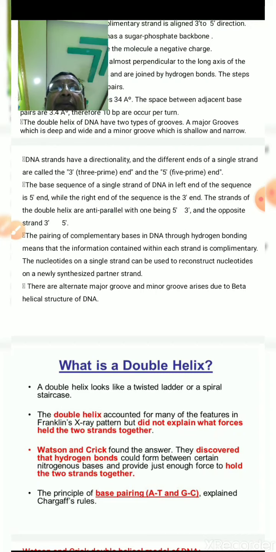The pairing of complementary bases of DNA through hydrogen bonding means that the information contained within each strand is complementary. The nucleotides on the single strand can be used to reconstruct the nucleotides on the newly synthesized partner strand. Alternate major grooves and minor grooves arise due to the helical structure of DNA.